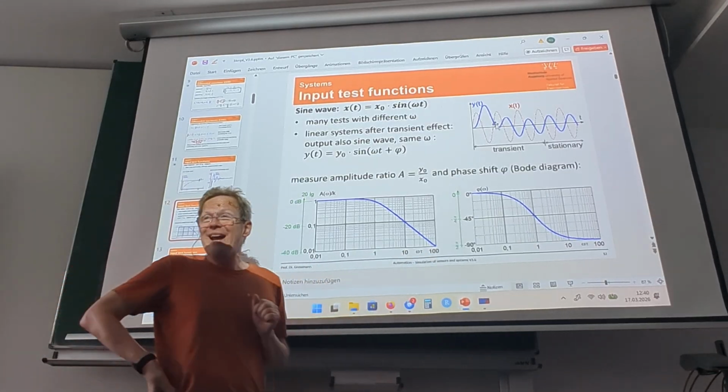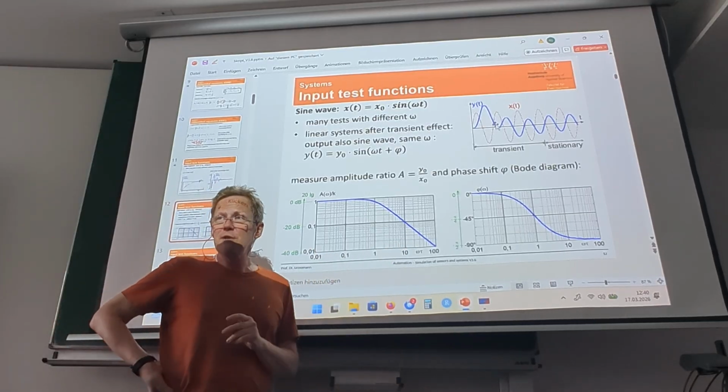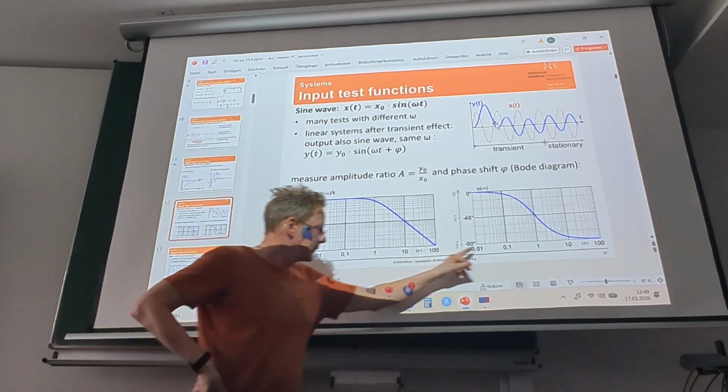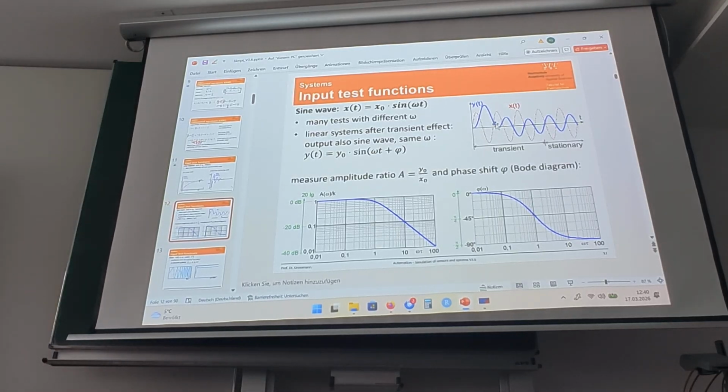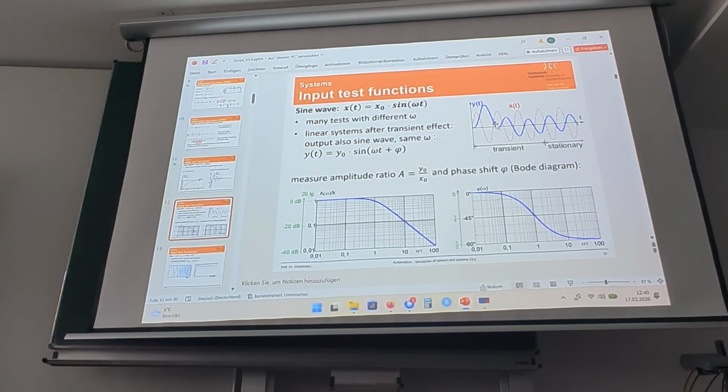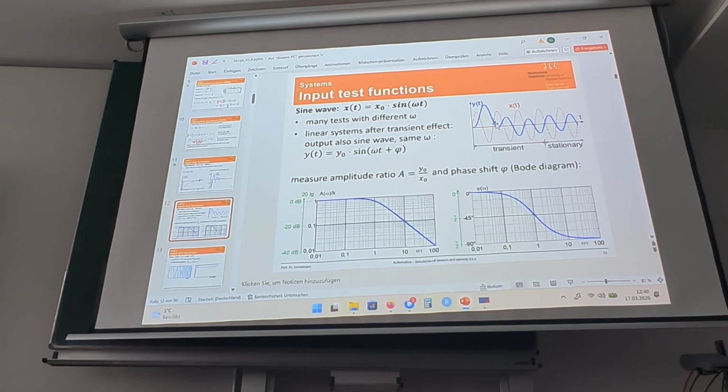On the horizontal axis, you put the frequency. And on the vertical axis of the first one, you have the ratio of the amplitudes. And on the second one, you write the phase between the two oscillations. And this is now a typical diagram for a first order differential system. How can we interpret this?